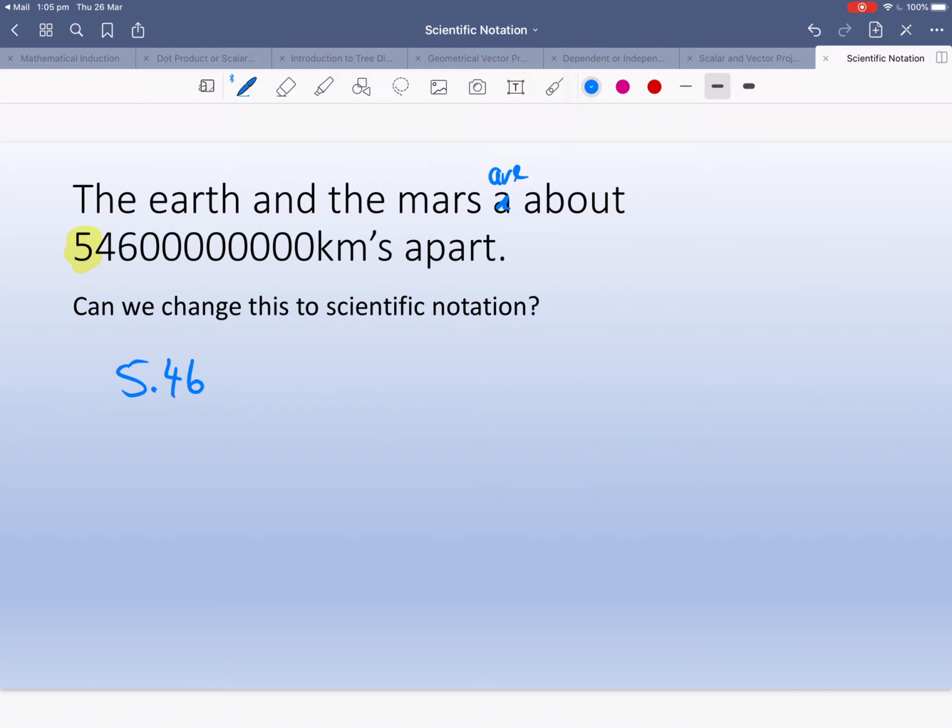Now, I haven't specified how much in scientific notation I want you to put it in, but it doesn't really matter. So what we've done is put a dot after the 5, and now we count from here. 1, 2, 3, 4, 5, 6, 7, 8, 9, 10. See how there's 10 spots?